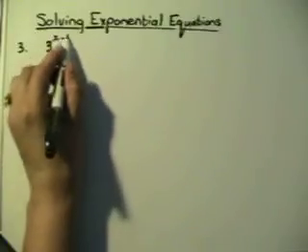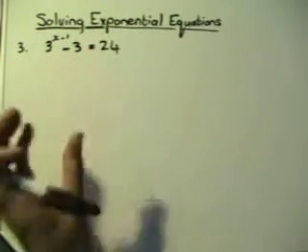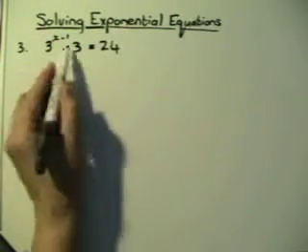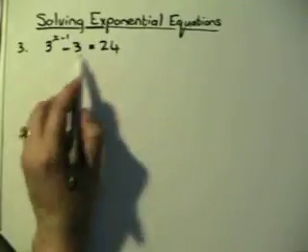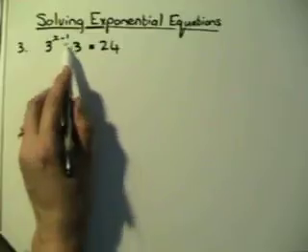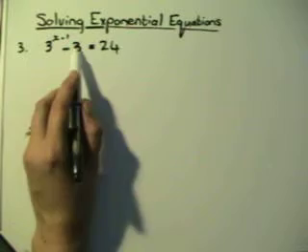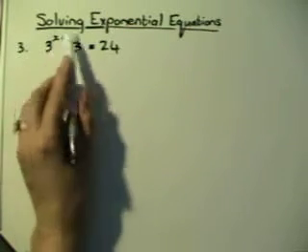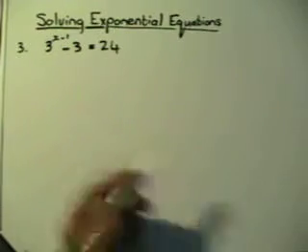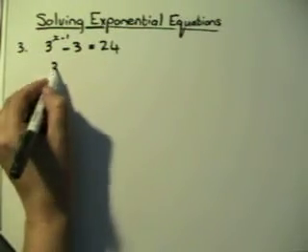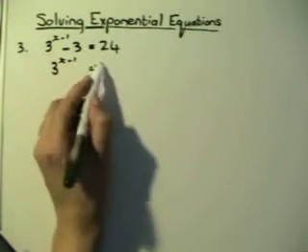Say for instance I have now this. I'm trying to get one expression on each side. So this here is a bit of a problem for me because I want one expression. Now I can take it over, but is that going to make it one expression? Yes, because I can add the numbers. I can't add the power exponent with a number, so I must take the 3 over so that I have 3 to the power of x minus 1, and 24 plus 3 is 27.